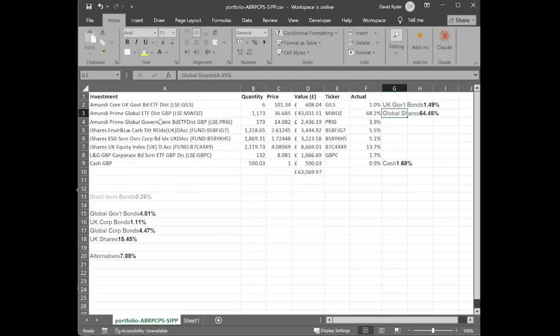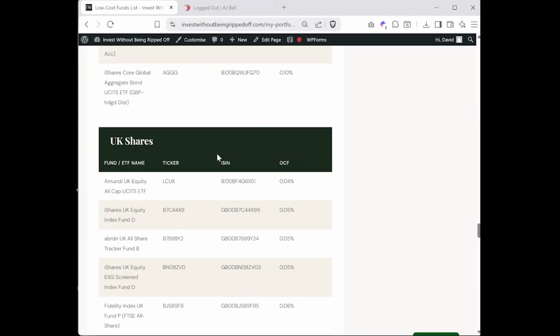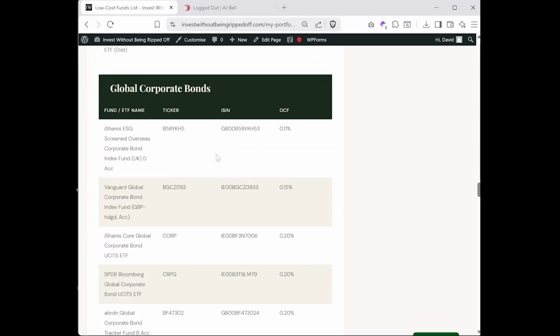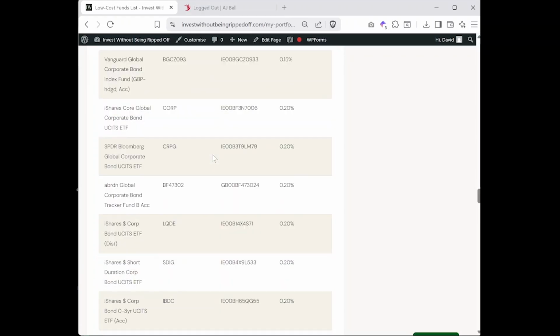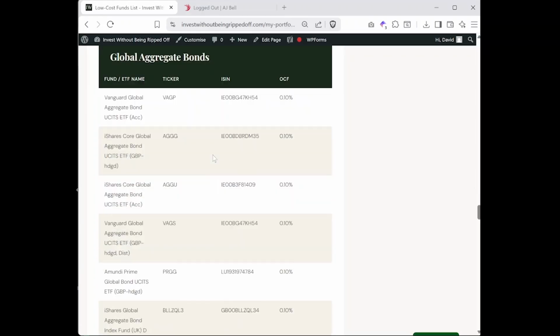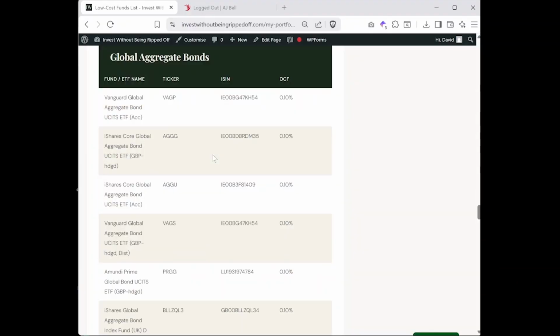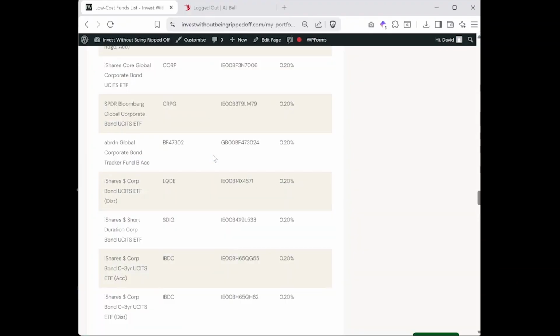Prime global government bonds. So global government bonds, PRIG, P-R-I-G. That's what we're looking for. Global government bonds, P-R-I-G. We've got PERG. Where's PRIG? Where is it?